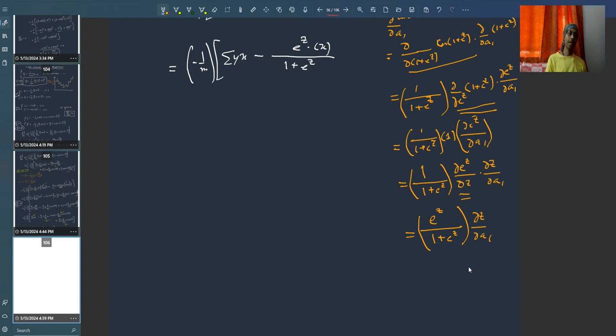So a0 cancels out because it's a constant. Then a1, because it's a1x, so a1 becomes 1 and x remains. So this becomes e to the power z by 1 plus e to the power z into x. This is how we get to this expression.